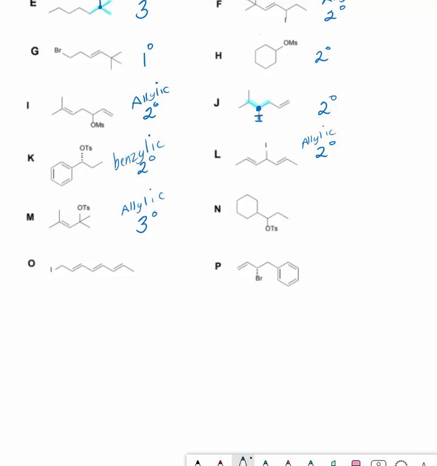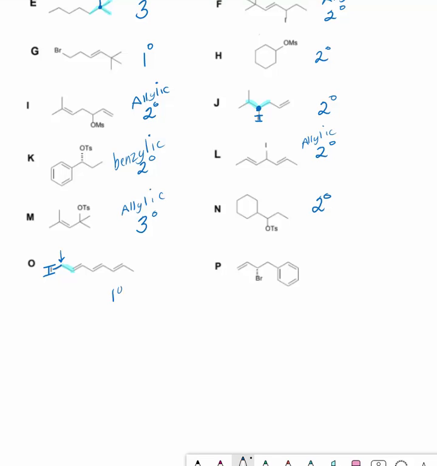For N, this is where our heteroatom is, and that carbon is bonded to 2 other carbons, which makes this a secondary compound. Now, we do not have any pi bonds here, therefore it is just a secondary compound. Here we have our heteroatom out here on the end, so we're analyzing this carbon, and this carbon is only bonded to 1 other carbon.